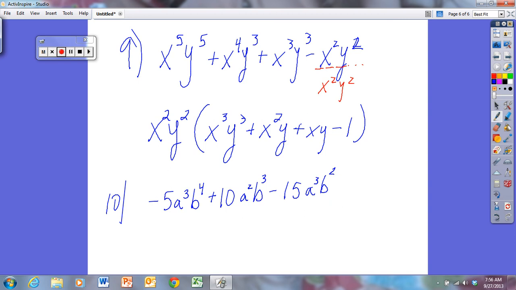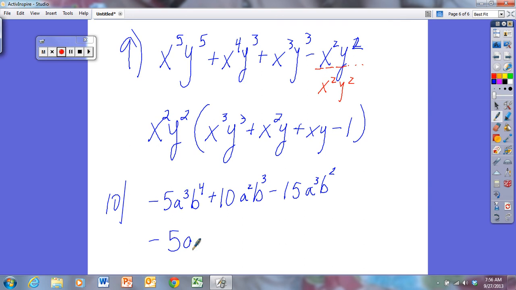It doesn't really matter, but the common rule is that we want the first number in the parentheses to be positive. So if the leading coefficient is negative and that's a common factor, I'm going to take out a negative. Again, it's not wrong if you take out a positive and then you have a negative in the parentheses. I would rather have my negative on the outside.